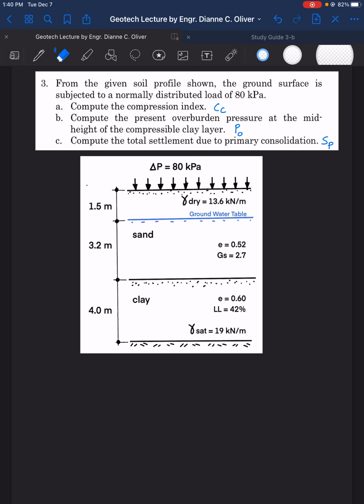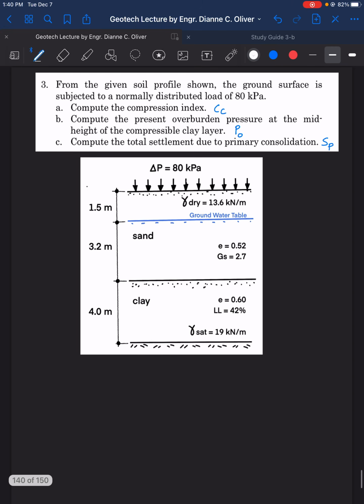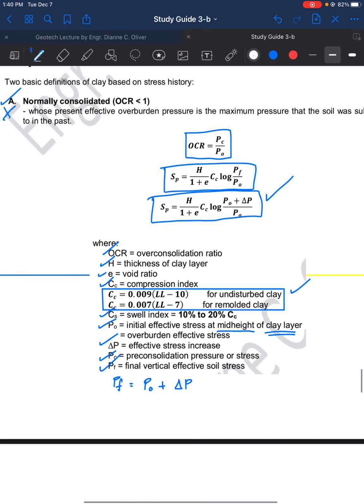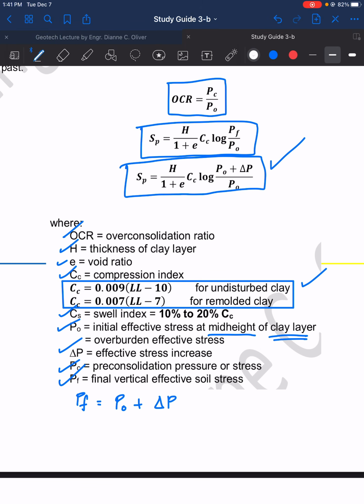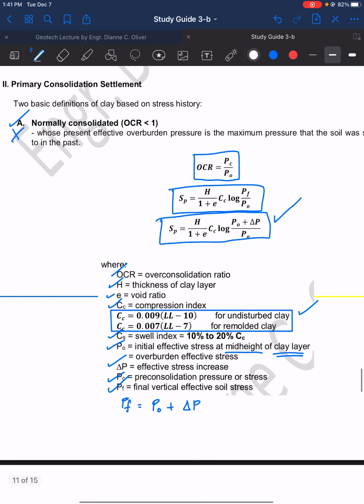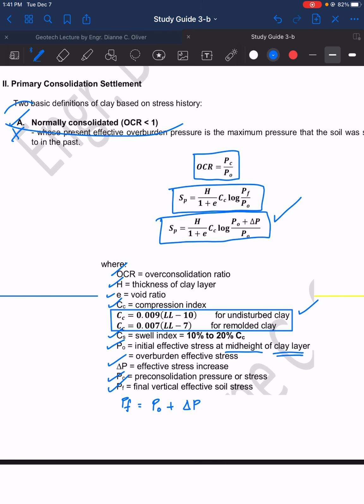Okay, for letter A, for number 3, compute the compression index. So what is the formula for the compression index? We have here C sub C under primary consolidation, under normally consolidated, and we have 2 formulas. Either we use the undisturbed clay or the remolded clay.